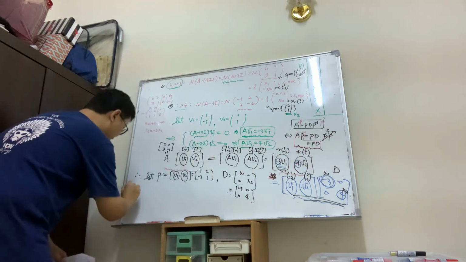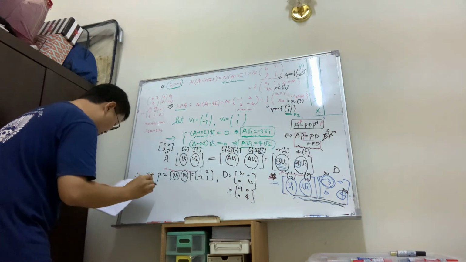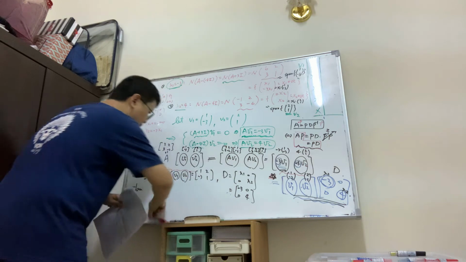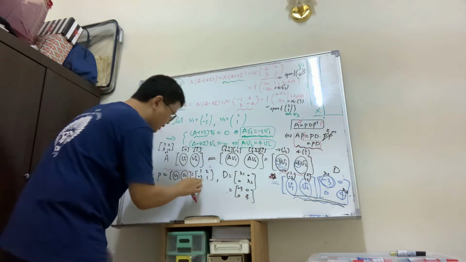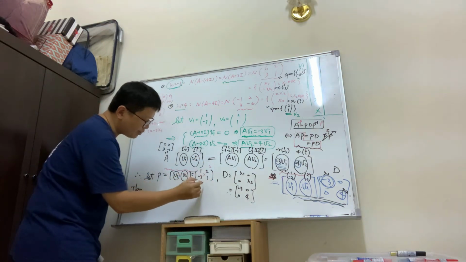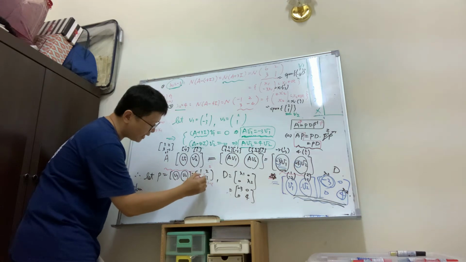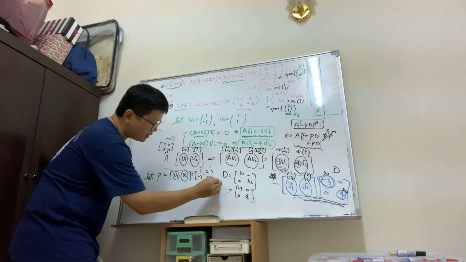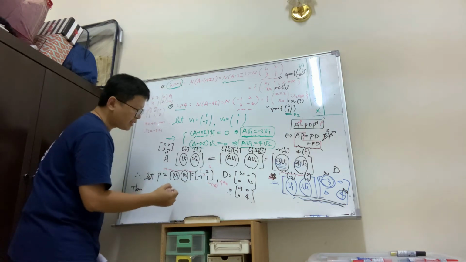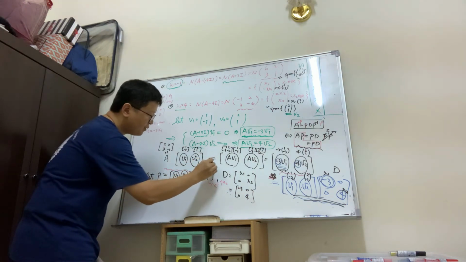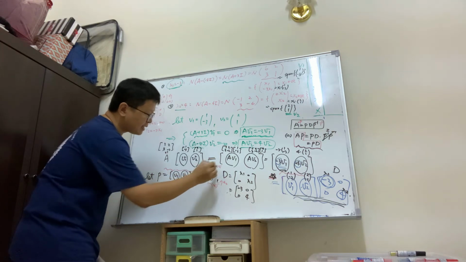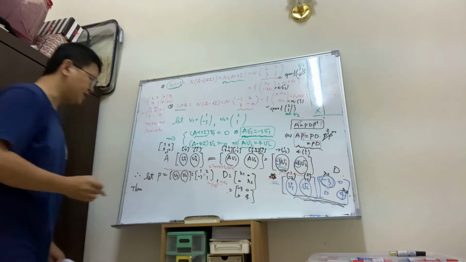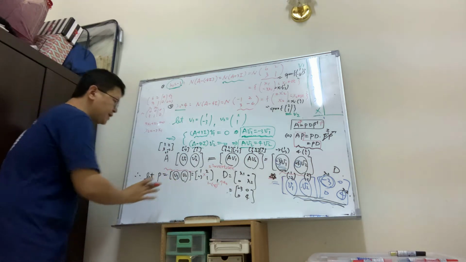Then you can see this matrix P is easy to check. Its determinant is 1 minus negative 3 times 2, negative 6, so it's 1 plus 6, which is 7. It's non-zero, so the matrix P is invertible.